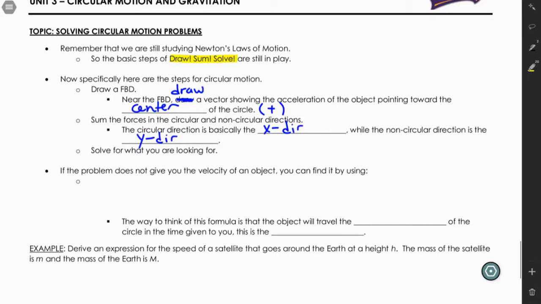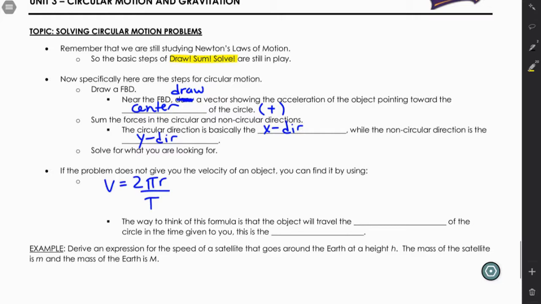Now some of these problems are not going to give you the velocity that the object rotates at, so you have to calculate it. We talked about this in the Ferris wheel question in the last video. It's just going to be 2 pi r over t.